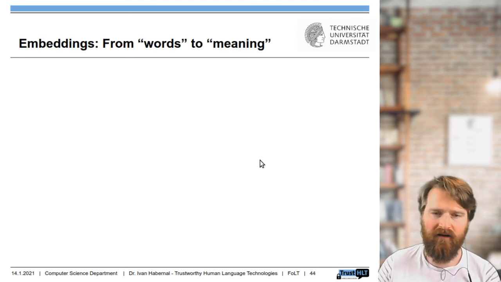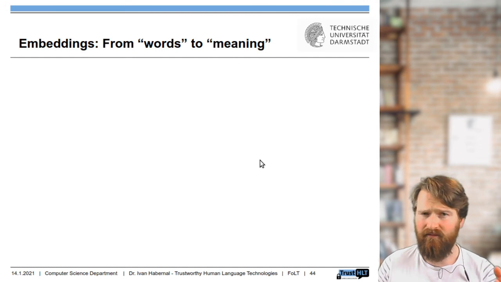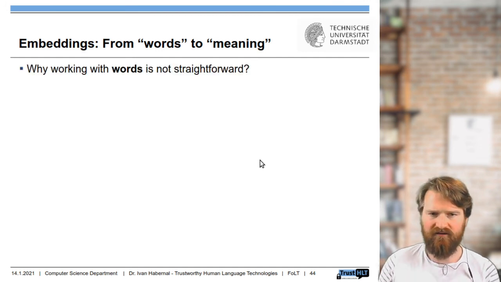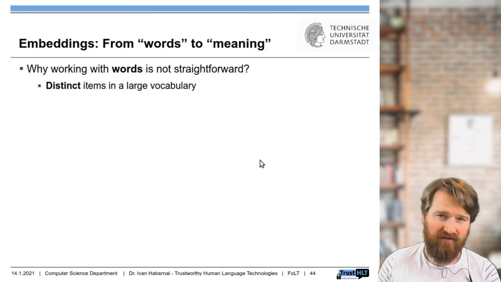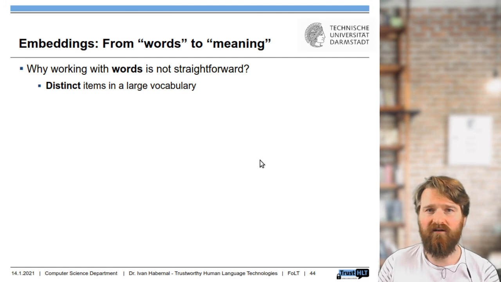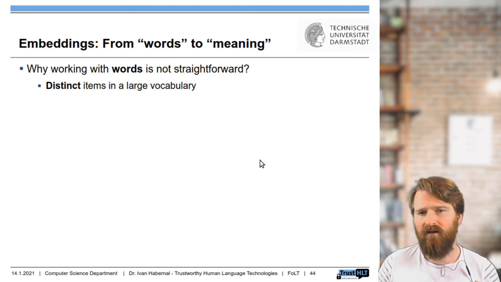But now we're going back to the other part, which is word embeddings. We'll start with the motivation, coming from words to the semantics or meaning of words. So why is working with words not really straightforward as features? We have seen words used as features, or binary features, in different setups for the naive Bayes classifier and others. But why is it maybe complicated?